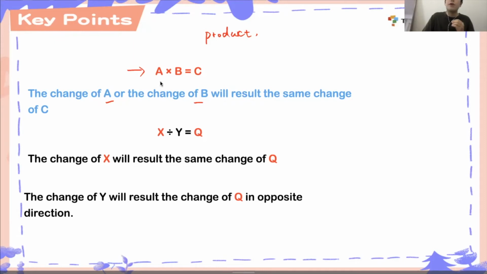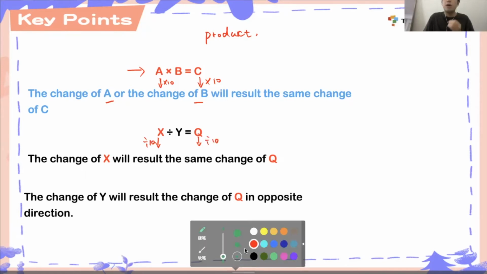So, for example, if A is multiplied by 10, how does the product change? We just need to multiply by 10, right? And for the division, the change of X, that means the change of the dividend, will result in the same change of the result. So if I divide by 10, how does the result change? We should have the same change, divided by 10.